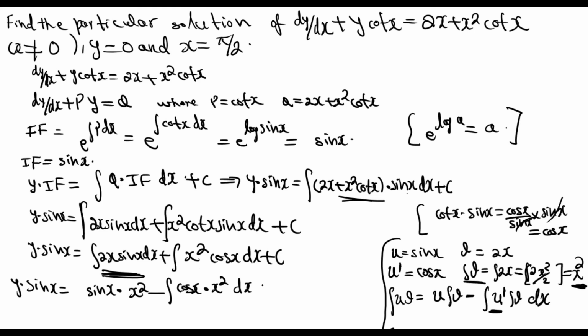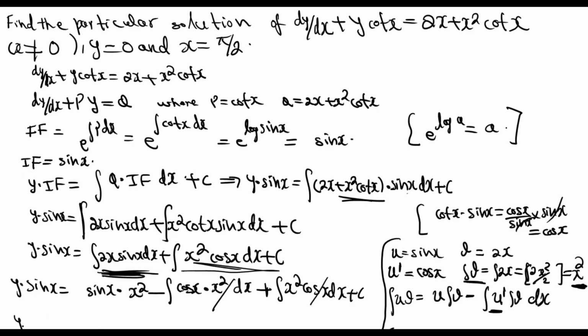Plus the remaining term, integration of x square into cos x into dx, plus c. We are applying the uv rule to the first sum only, the second term remains the same. So in the next step, minus integration of cos x x square into dx and plus integration of cos x x square into dx get cancelled.